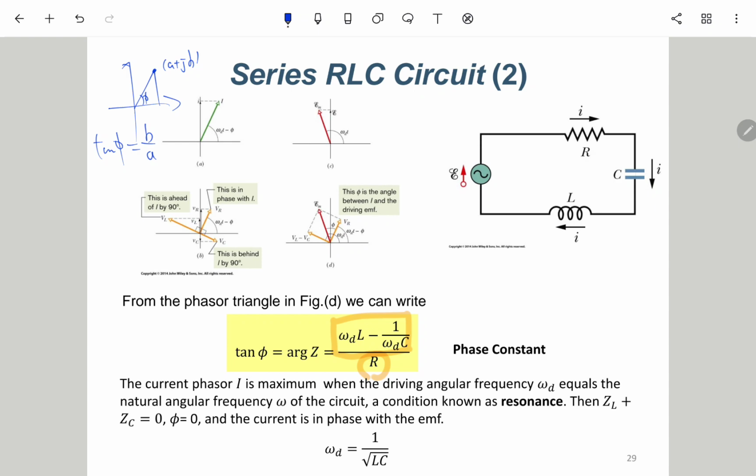Okay, so this is just something simple, analytic geometry or some trigonometry knowledge. So we have tangent of phi to be this imaginary part over the real part.